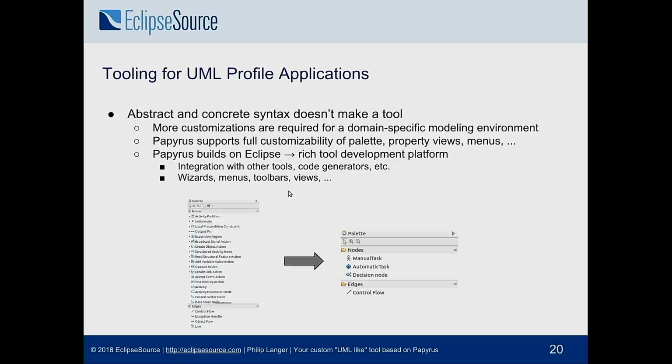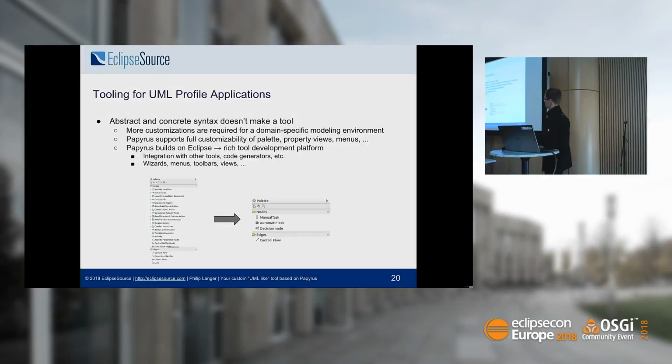Of course, this is just a way of specifying the meta model and then adjusting how it is actually rendered in the diagram. This doesn't really make a complete tool yet. Things like I mentioned before, like the palette, the property views, menus, and stuff like that have to be integrated and customized as well.